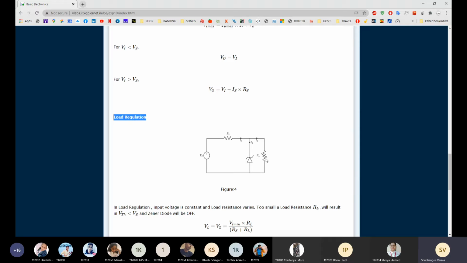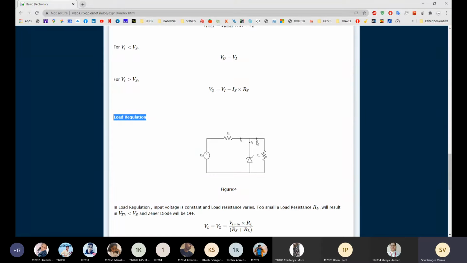If you change your load resistor and the load current does not remain constant, the load regulation is also bad. The regulator should maintain the load current constant. If load current is constant, then automatically your output voltage will be constant.